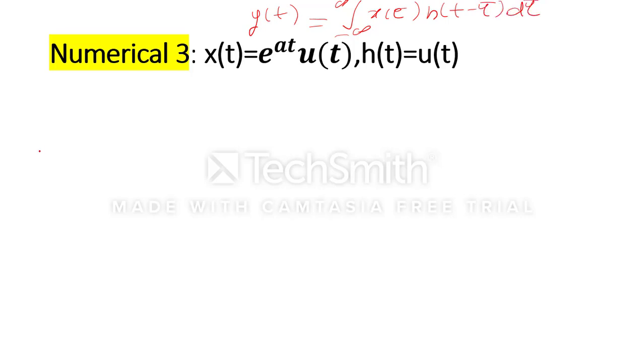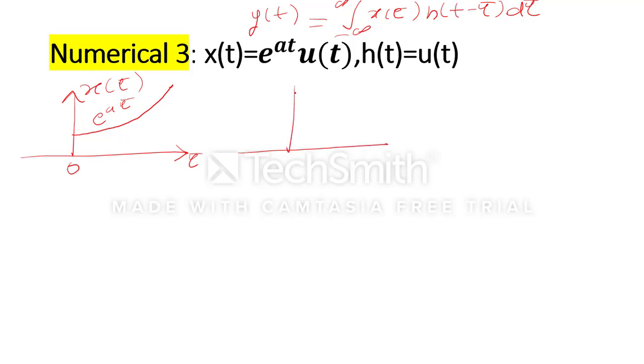So when we plot x(tau), because it is an exponential positive signal, it will look like this. So it is e to the power a tau. This is the tau axis and this is 0. So h(tau), when we draw, is nothing but a unit step signal, so it will look like this only, and it is tau.